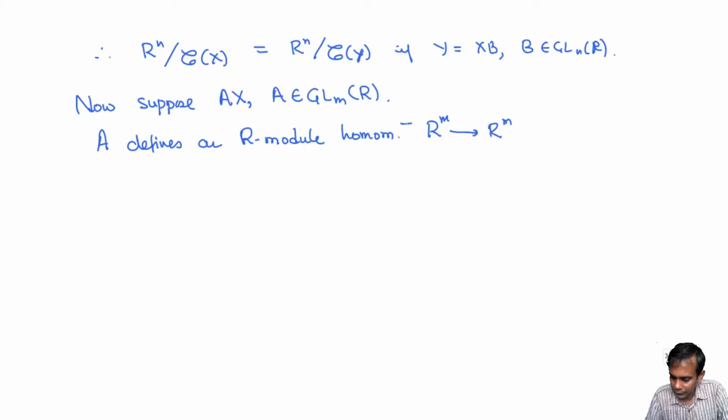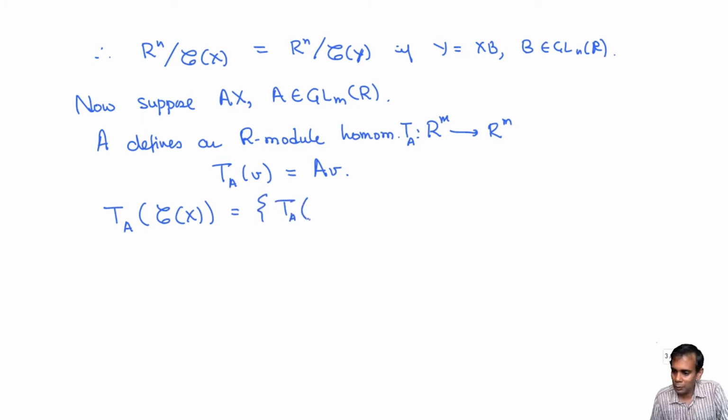Let's call it T subscript A. What does this do? T_A of a vector v in R^m is just A times v. Now what does T_A do to the column space of X? If I apply T_A to vectors in the column space of X, what are vectors in the column space of X? Well, they're vectors of the form Xv, where v belongs to R^n.